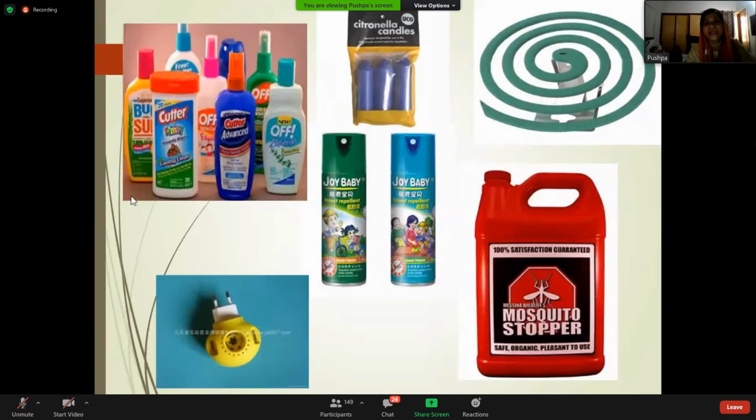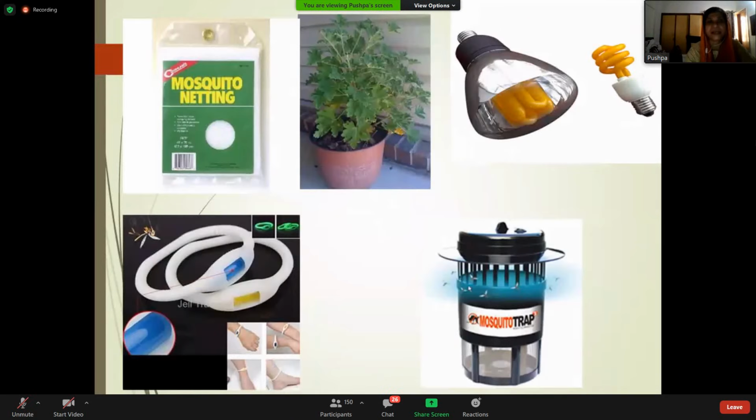So these are different products that can be used, like on the skin, or different mosquito sprays, manual, electronic, anything which is in reach can be used. And then there are electric things that can trap mosquitoes.